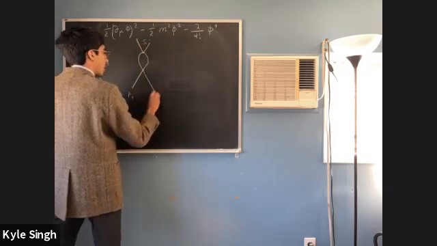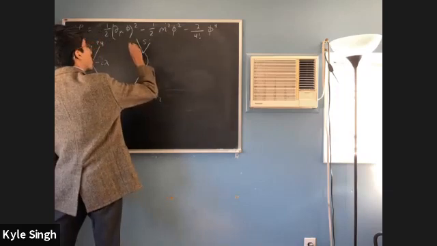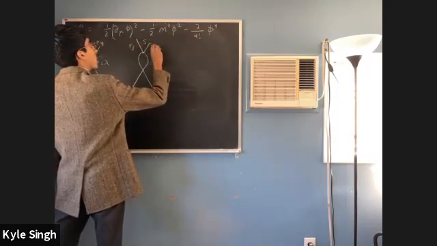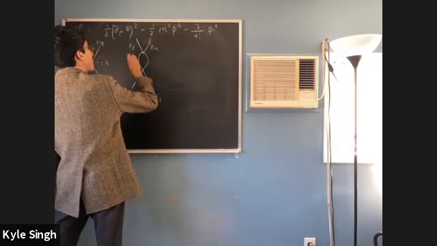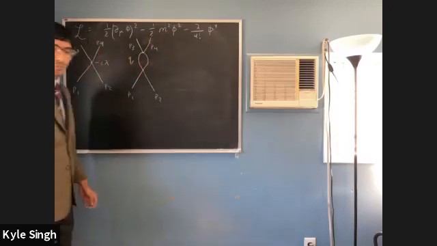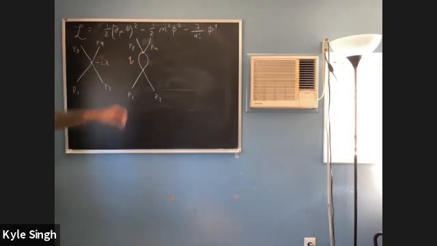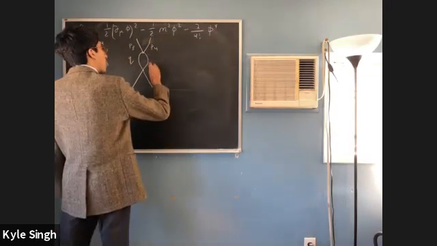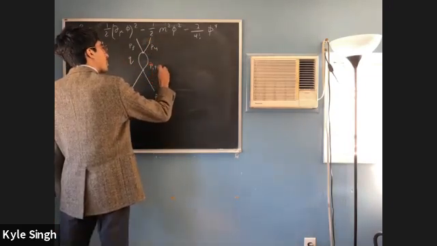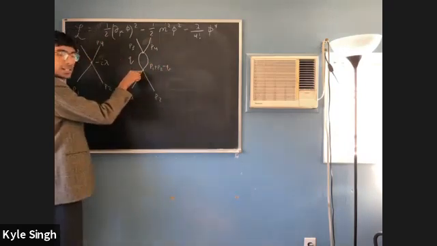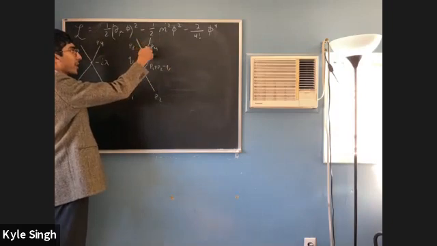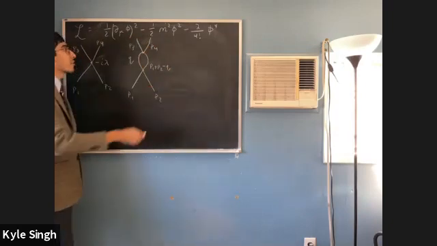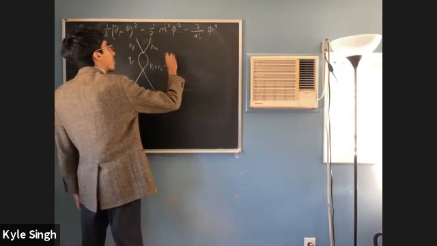So this is still P1, P2, P3, P4, except this we'll call Q, because that's the internal momentum. And then we'll call the momentum going in here P1 plus P2 minus Q into this vertex. Similarly, the same thing here, except Q minus P3 minus P4. So this is the S-channel process.